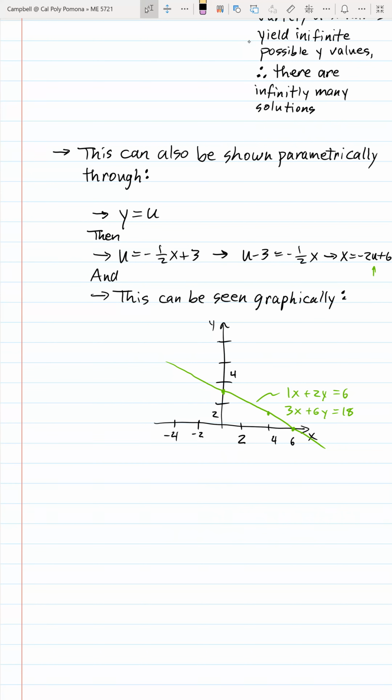Here, I will admit, substituting in just for y itself seemed to be relatively trivial, but understanding that u is a parameter, v is a parameter, w, whatever parameter sets you want to use, as soon as we understand that it takes one parameter to capture what's happening with this solution space, then we can say it's a one-dimensional solution space. If we require two parameters, it would be a two-dimensional solution space.